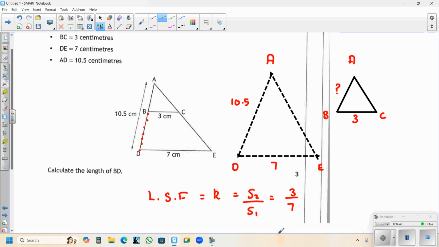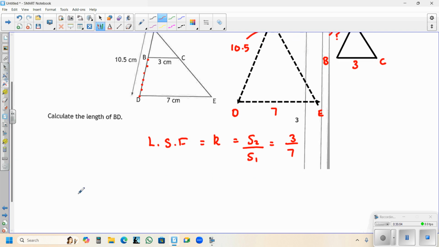So that's our scale factor. So now I want to work out A to B. So I take every size there and I multiply it by the scale factor, and I'm multiplying by 3 over 7. So we've got AB is equal to 3 over 7 multiplied by 10.5.